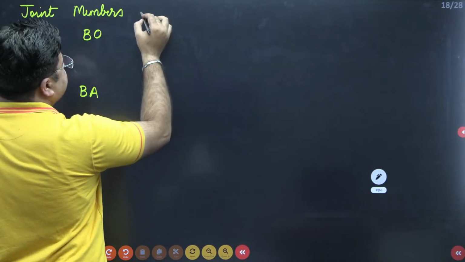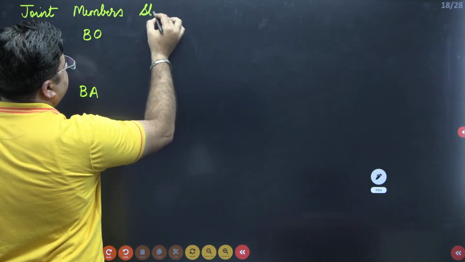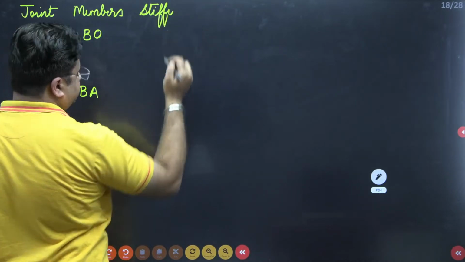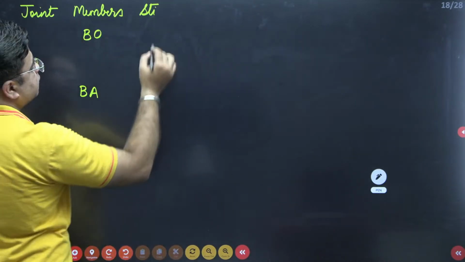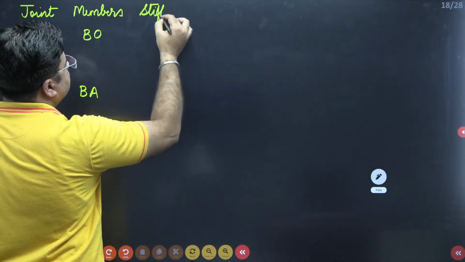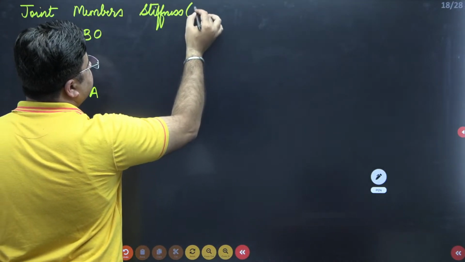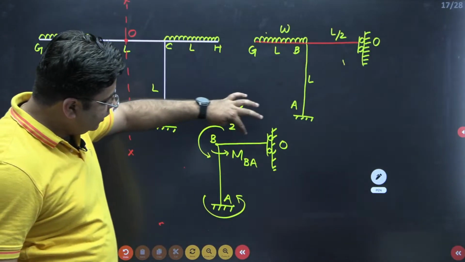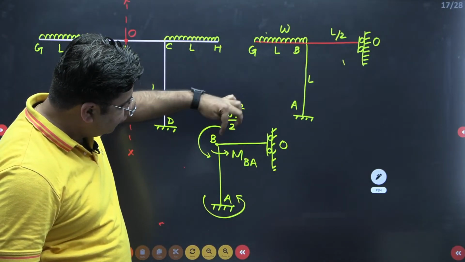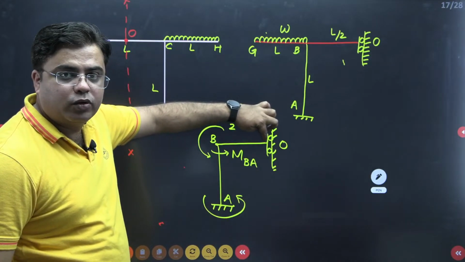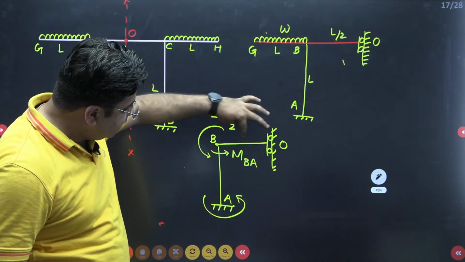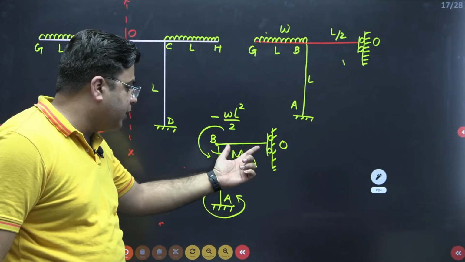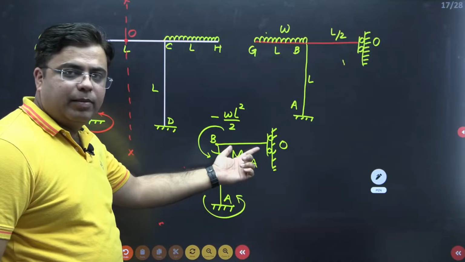Next one is stiffness K of the member, right? When you look into this member BO, since the far end is a guided roller support, the stiffness of this member BO is equal to EI by the length of this member. The length of the member is L by 2.